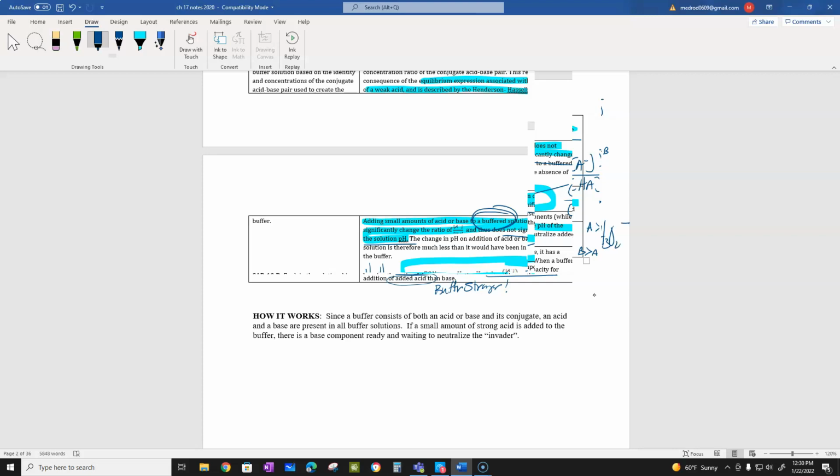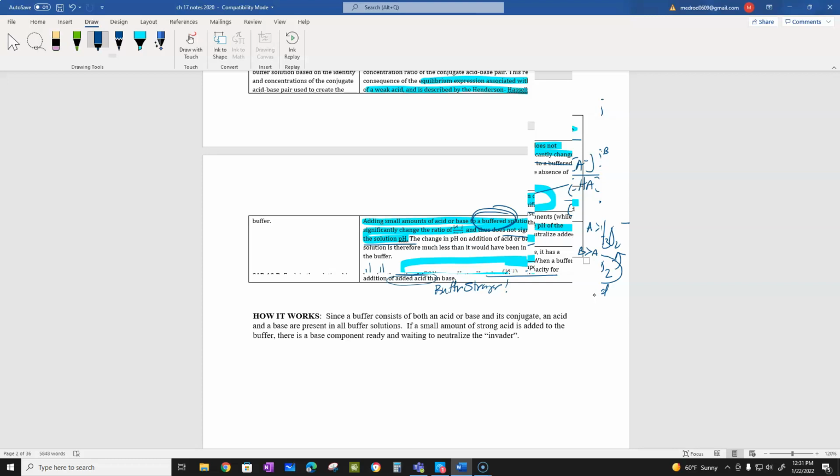But then, if I add in something called sodium acetate, I have now created a common ion effect. This acetate ion, I'm going to be adding more ions to this. And by doing this, I now have a buffer.